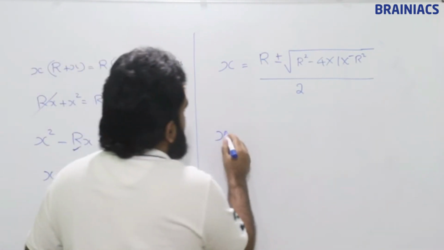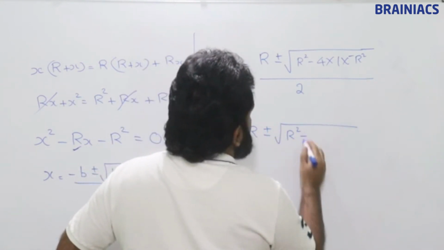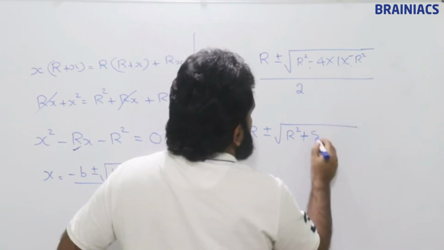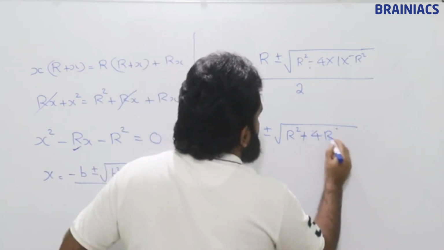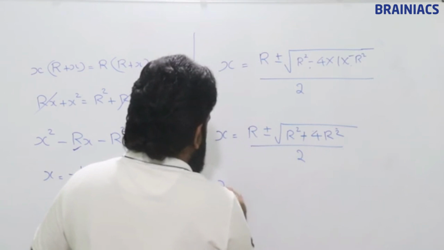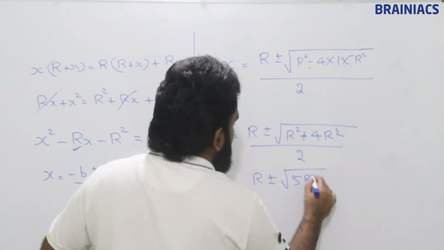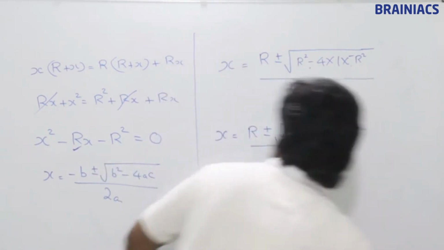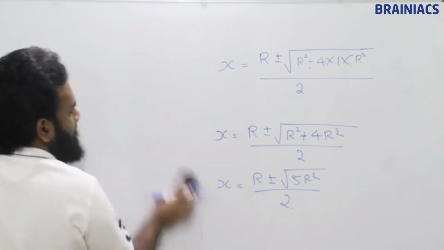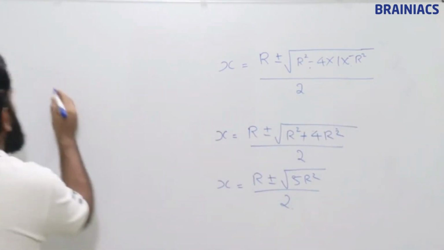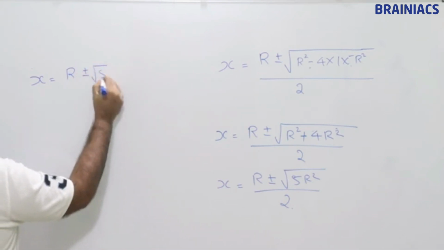So X is equal to R plus or minus root of R square plus 4R square, so this will become 5R square, divided by 2. So X is equal to R plus or minus root 5R divided by 2.